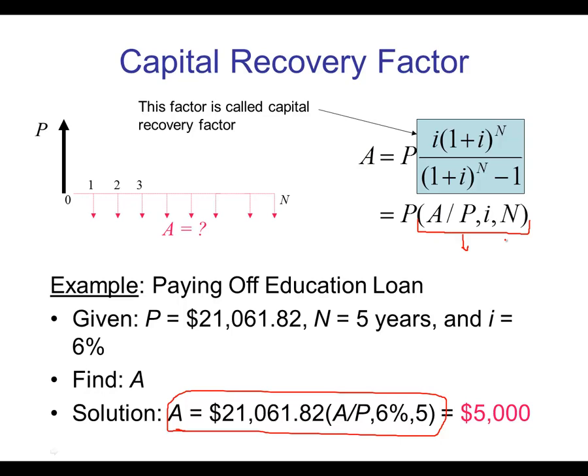All of them should give you the same results, whether you use the mathematical formula, find the factor from the back of the book, or calculate it automatically with an Excel sheet. You should have the same value, which is 5,000. So you have to pay 5,000 over 5 years.